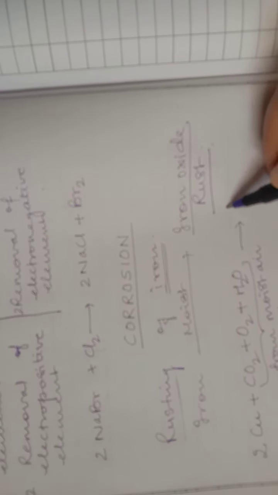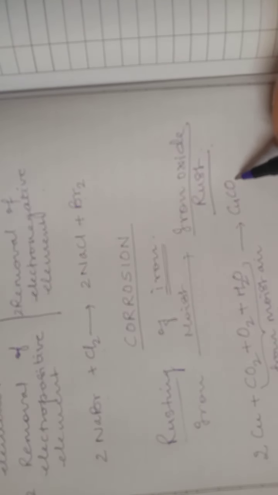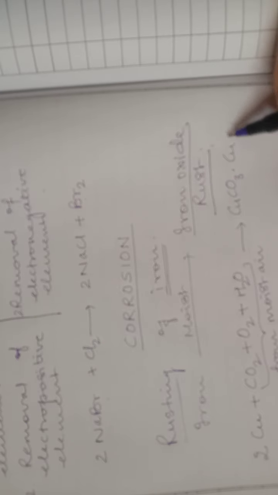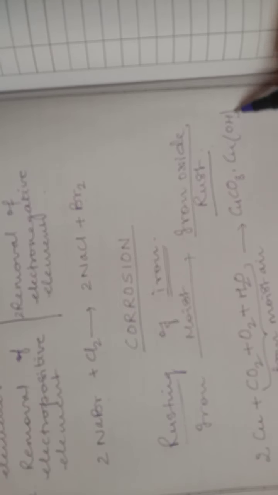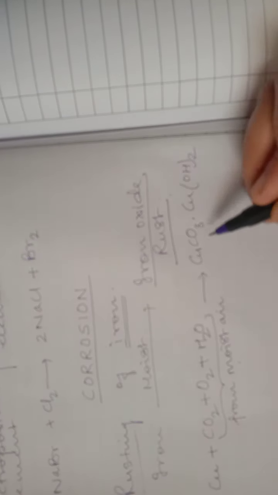And it forms CuCO3·Cu(OH)2. This is basic copper carbonate. This is green in color, dull green in color, and this is basic copper carbonate.